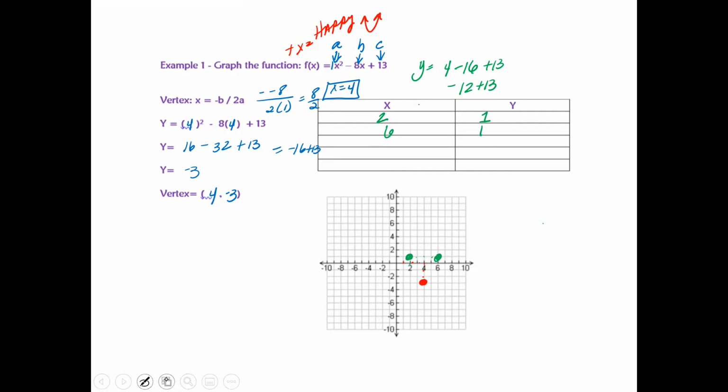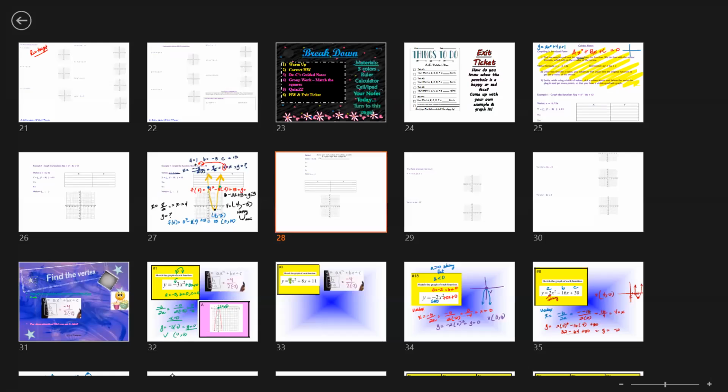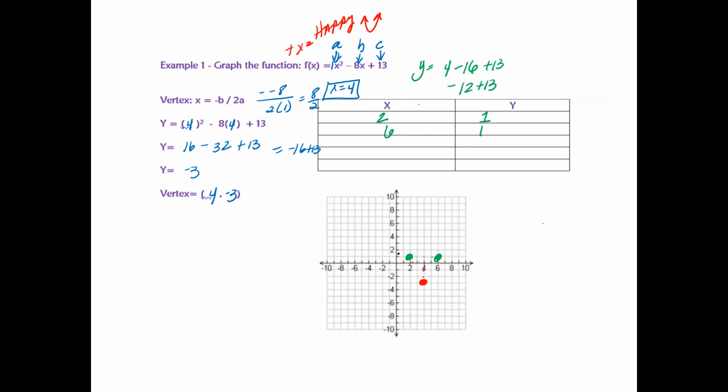Let's pick another point. Let's see what we're going to have if we were to go ahead and pick another point a little bit further. Maybe how about at 0? When x is 0, 0 times 0 is 0, minus 0 plus 13. So your y is 13. So at 0, you're going to go all the way up to 13.